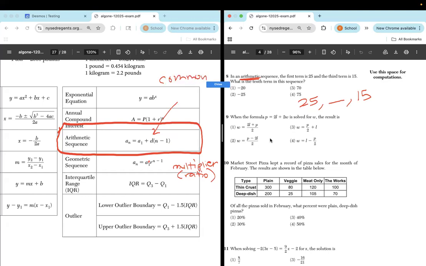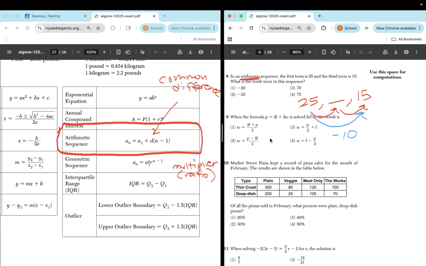So we can figure out the common difference here. We have to figure out what number gets added or subtracted each time. Like, what is the pattern? Well, I can do a little bit of trial and error here, but I see that it's getting smaller from 25 to 15, so I know it has to subtract a number. And it subtracts over this space, 25 to 15. That's a subtraction of 10.